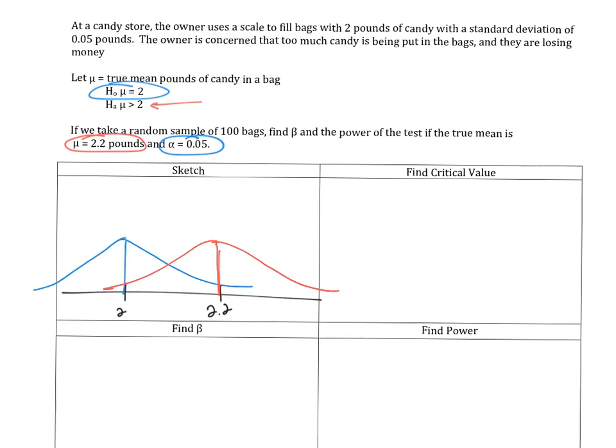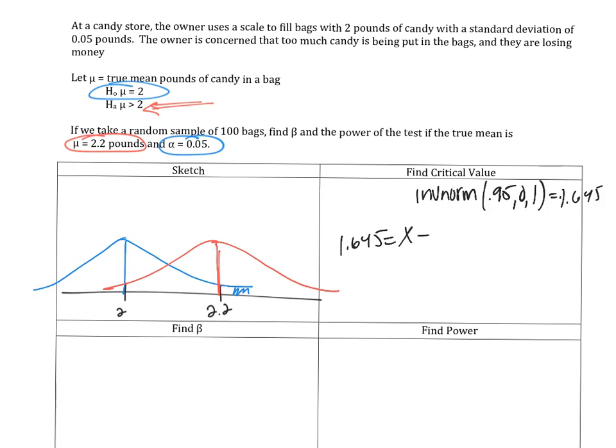This is an upper tailed test, so I know alpha is somewhere up here in this upper tail. I'm going to find out what that value is. Since it's 0.05, we're using inverse norm. The full area to the left is 0.95. Mean is 0, standard deviation is 1. And of course, this is 1.645. So 1.645 equals x minus mu.